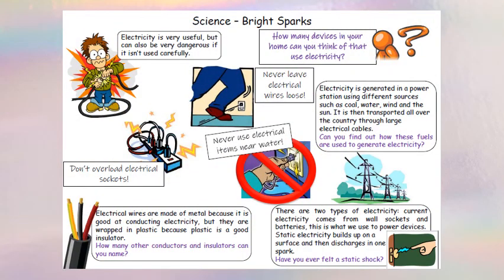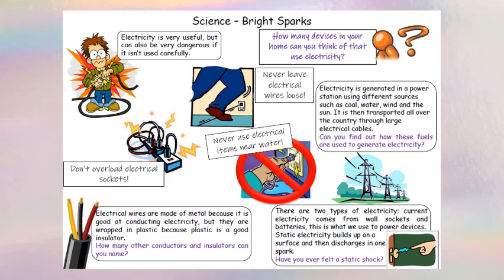In science, we will be finishing our learning about electricity. We've already learnt that we use electricity in just about everything that we do in modern life. We have learnt how electricity is generated and transported from the power station to our homes.